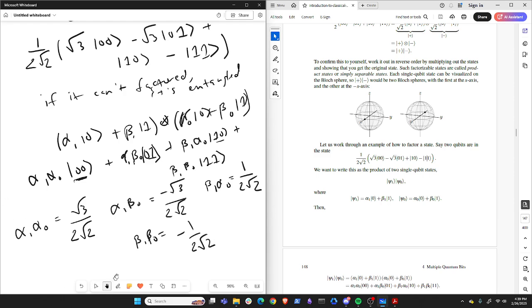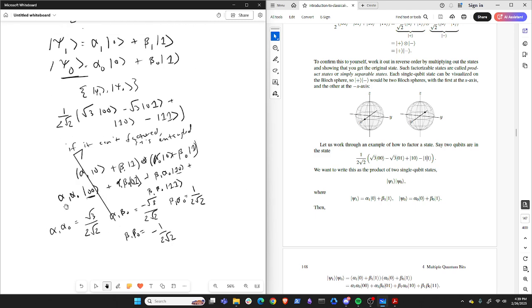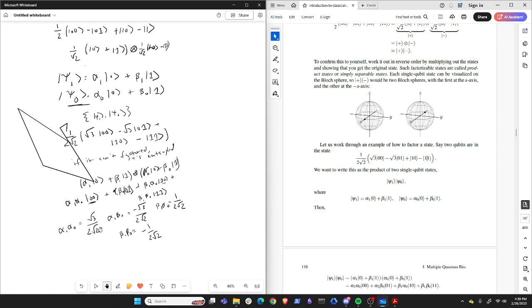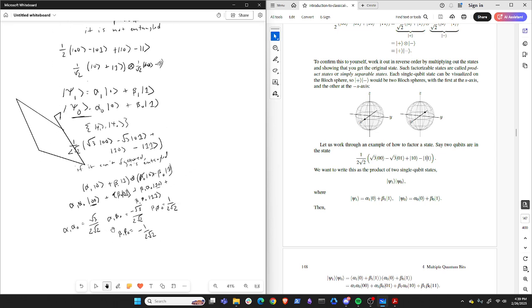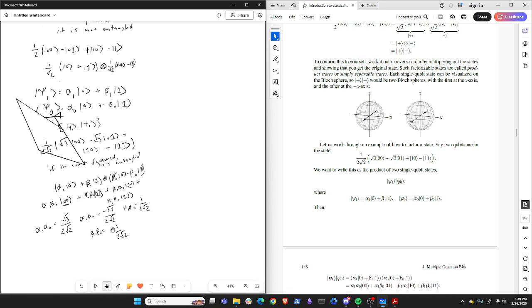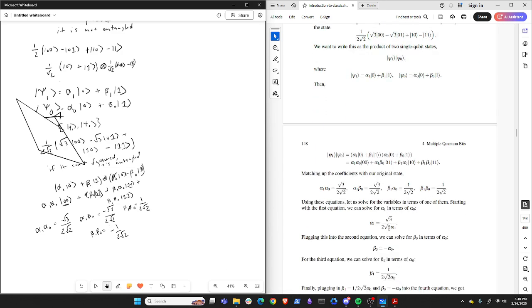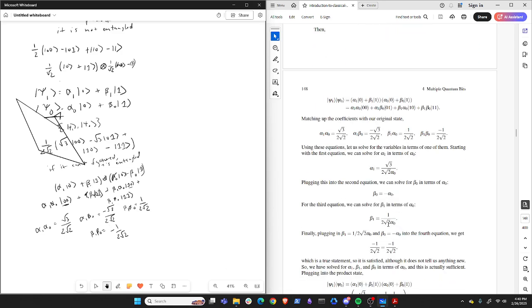So now, in order to solve, we just follow an algebraic process. We can isolate, let's say, in this example they put things into terms of alpha sub 0.